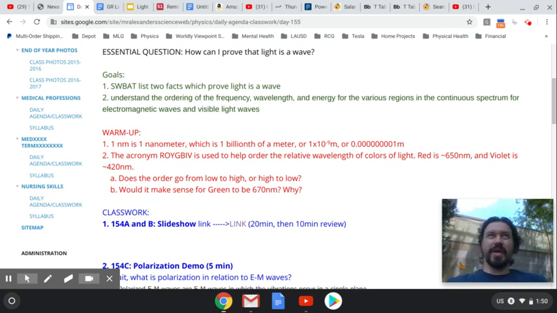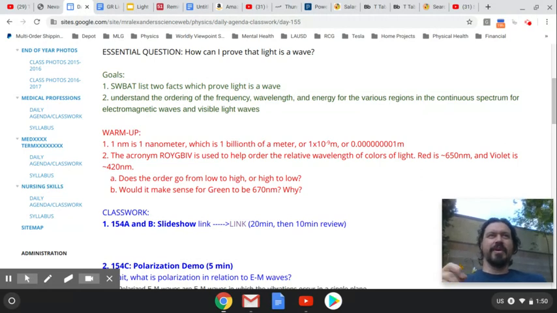When you see a rainbow, you're actually seeing light that's coming from the sun, and it's being bent, or refracted, by the moisture in the air.